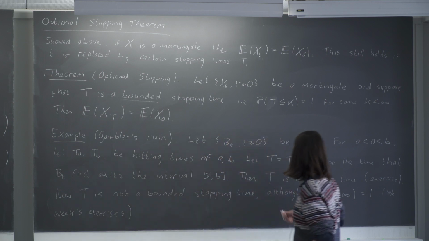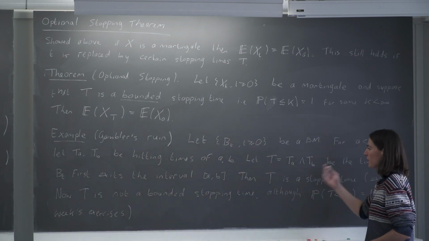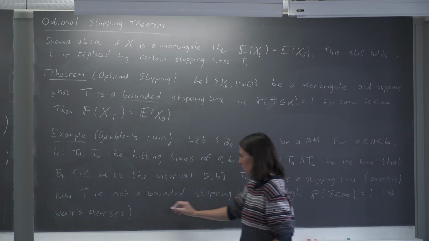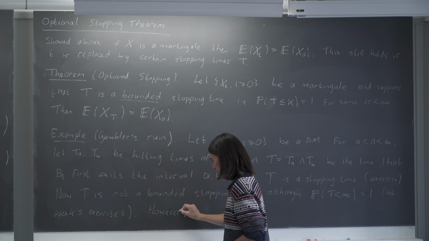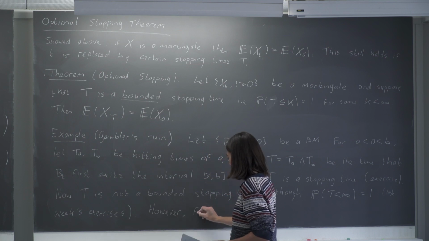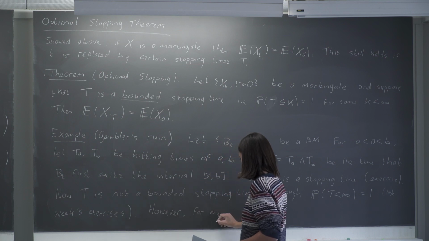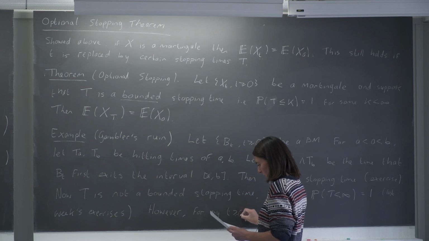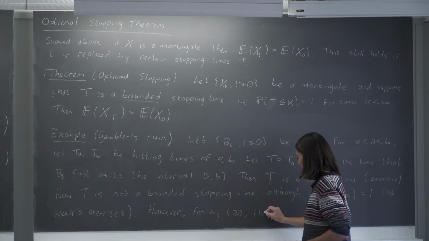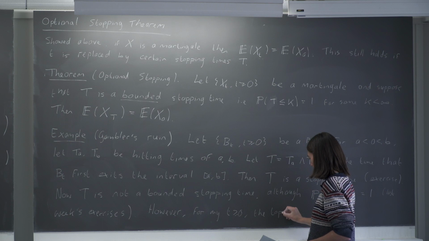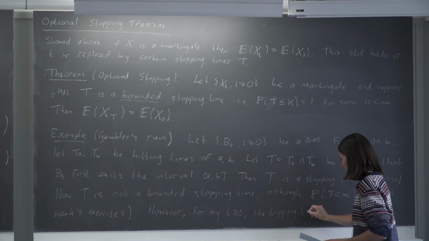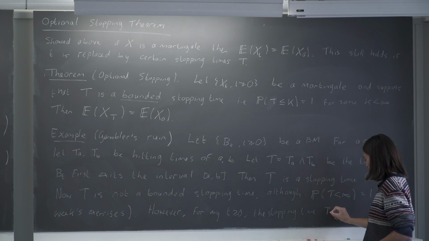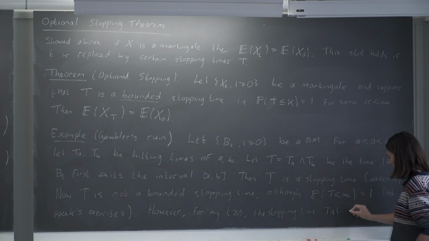Okay. However, we can do this idea. We can replace T by the minimum of T and some constant time. So however, for any little t greater than or equal to 0, the stopping time T minimum t is bounded.